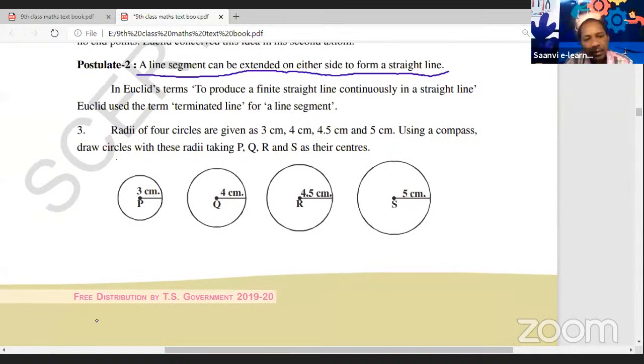Here, from center P with 3 centimeters radius, we drew our circle. From center Q with 4 centimeters radius, we drew one more circle. From center R with 4.5 centimeters radius, we drew another circle. Like this, from any center with any radius, we can describe a circle. So this is postulate three.